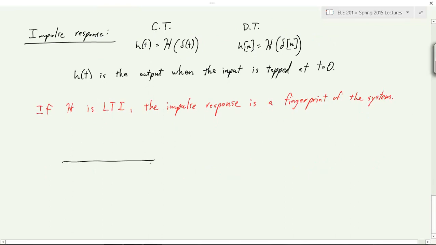Suppose you have a discrete time system, like a signal like this, 0, 1, 2. Suppose you're interested in figuring out what a system is going to do to an input that's 1 at time 0, 2 at time 2, and 0 every other time. So this input signal is very simple.